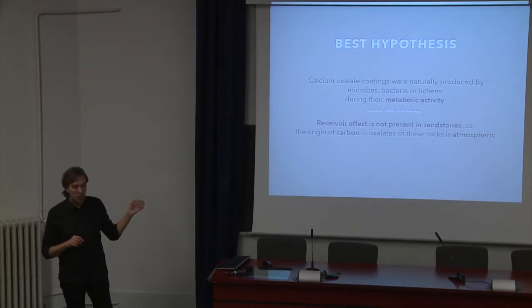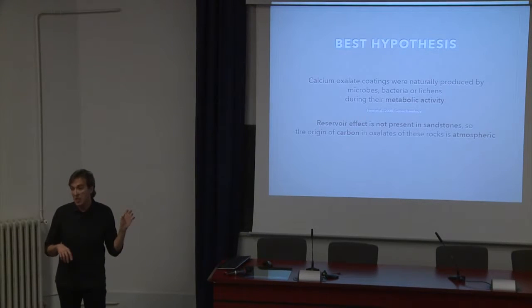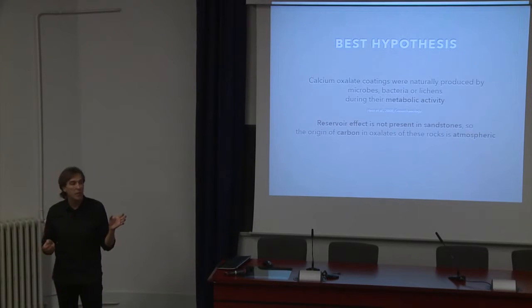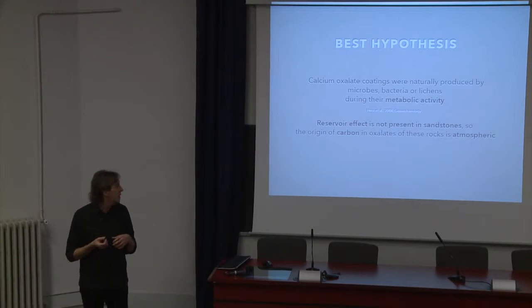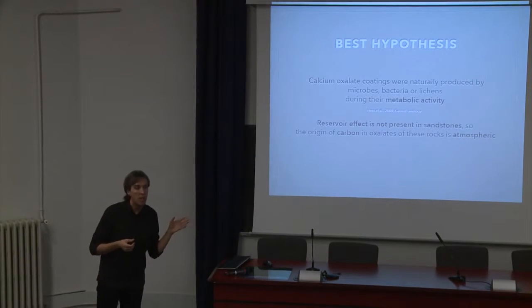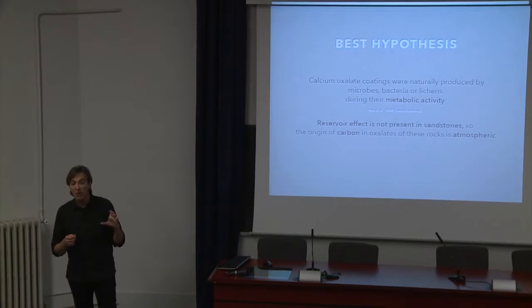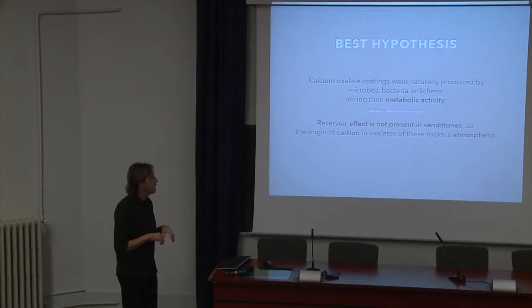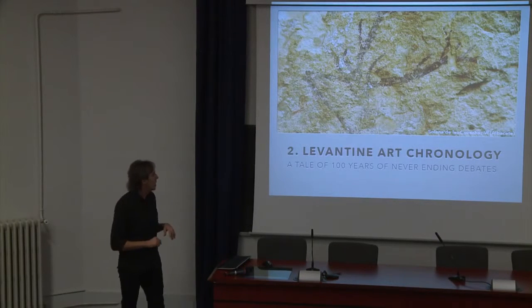Regarding the point that I have explained before, you have to take into account that in some of these rocks we could be suffering a reservoir effect because of the calcareous nature of the substrate. For this reason, we have worked mainly in sandstones that are free of any kind of carbonates. So the results of our datings are free of that reservoir effect in many cases.